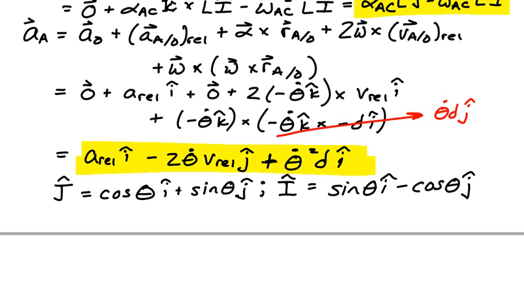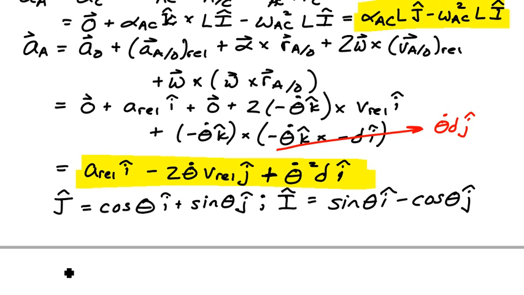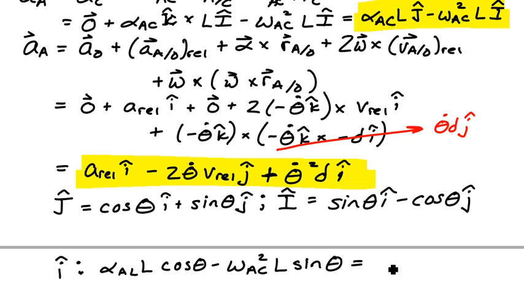How is that useful? Well, we're going to do a little bit of substitution exercise here. So now if I look at the little i component, from up above there, I'm going to have alpha AC times L times the i component of the j vector, which is the cosine of the angle theta, minus omega AC quantity squared times L times the little i component of the capital I vector, which is the sine of theta, and that's going to equal A rel plus theta dot squared times d.